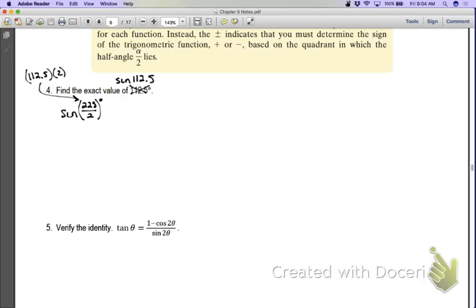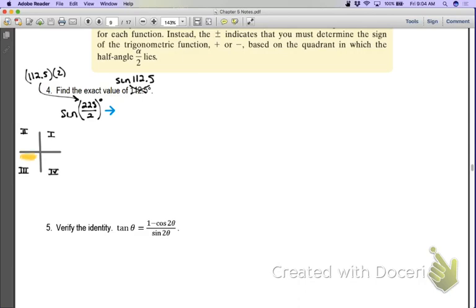Then it just becomes plugging it into my formula. It's sine of alpha over 2, or sine of 225 over 2. The first thing I want to figure out is, is it positive or is it negative? If it's 225 degrees, where is 225 degrees? Is it in quadrant 1, quadrant 2, quadrant 3, or quadrant 4?